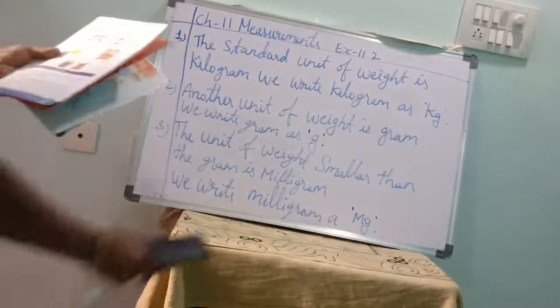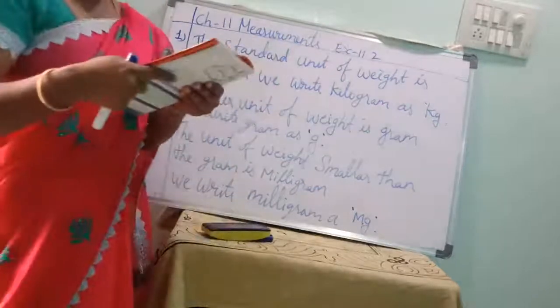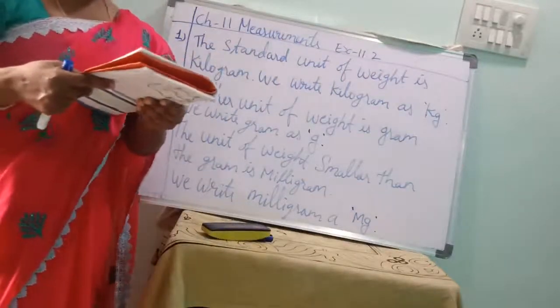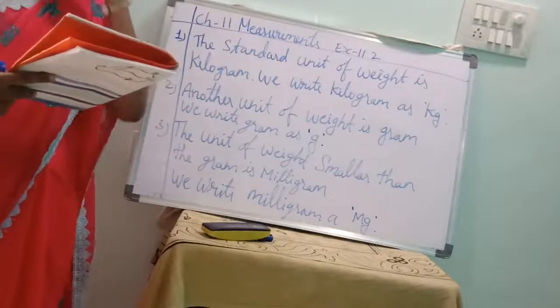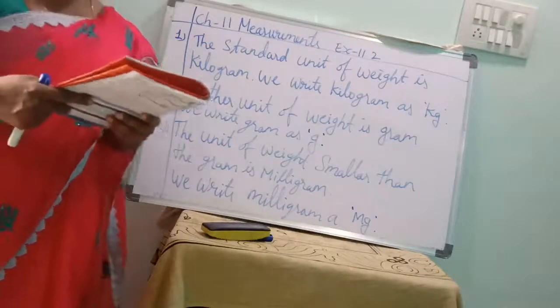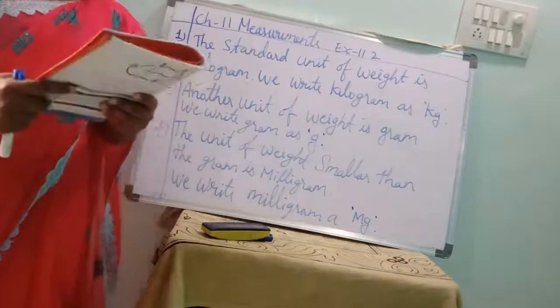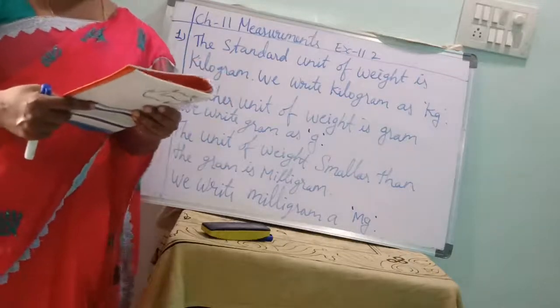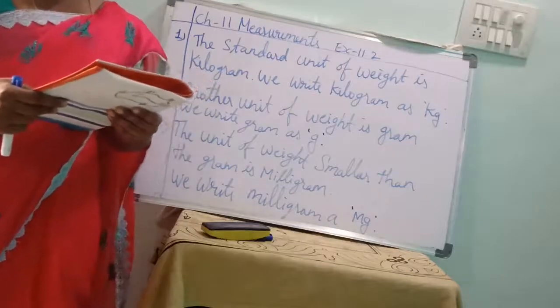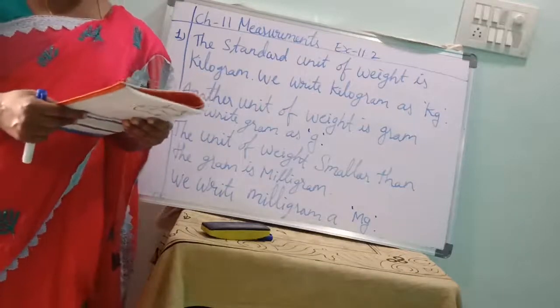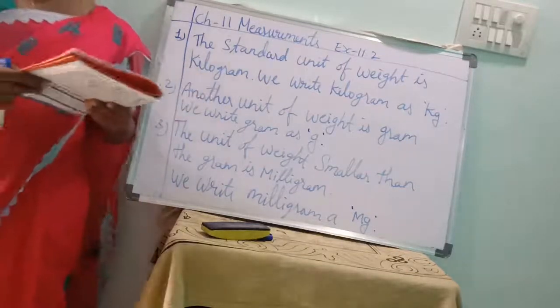See, listen. Grams is used for weighing objects such as pencils, books and spices. Understood, children? Spices, pencils, books, these all you will measure in grams. Milligrams we will use for medicines, tablets and so on.